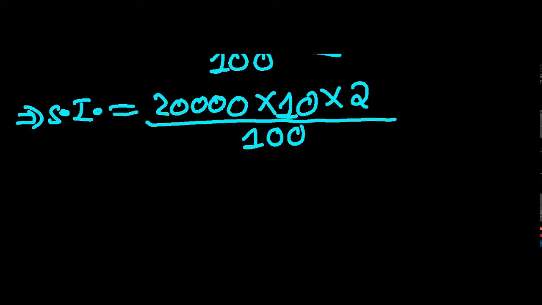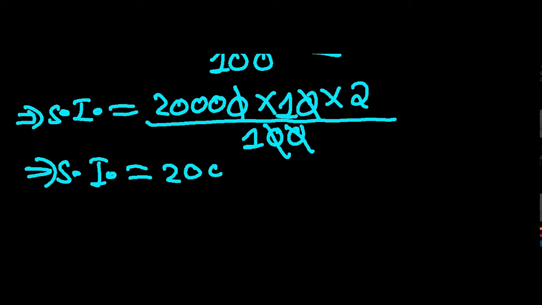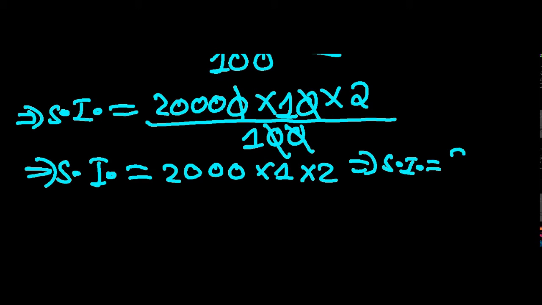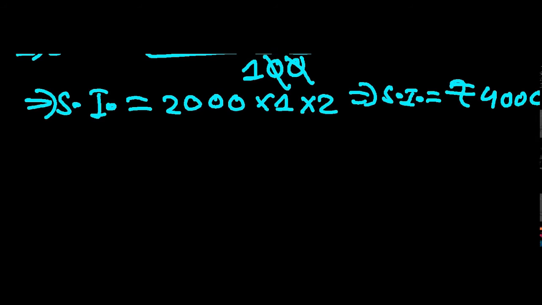So 10 is written here and 100 is written here. Let's calculate. Zeros will be cut, and now we have to do the calculation: 2000 into 1 into 2 means SI is equal to rupees 4,000. Friends, SI is equal to rupees 4,000.